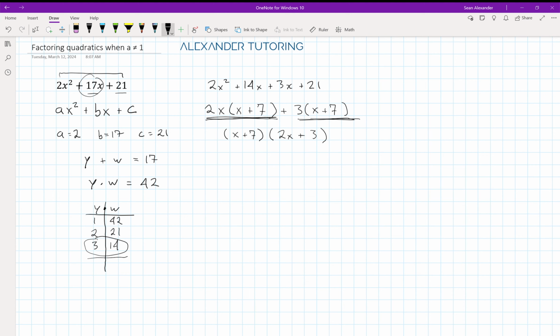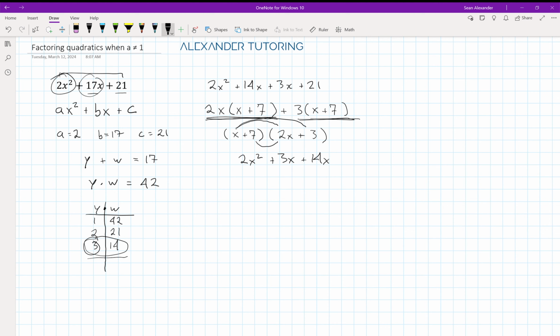Okay, so when distributing, we do this times this, or FOIL. You can see that we get the 2x squared. That gave us the 2x squared back. Now we do x times 3, which is plus 3x. Now we do the 7. 7 times 2x is 14x.